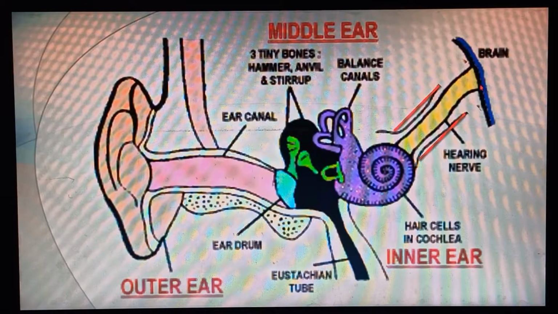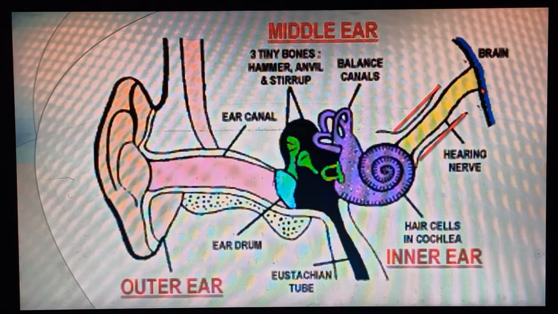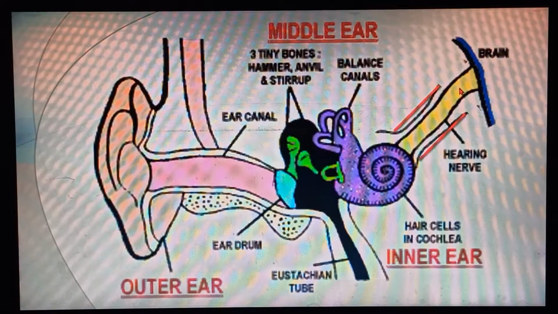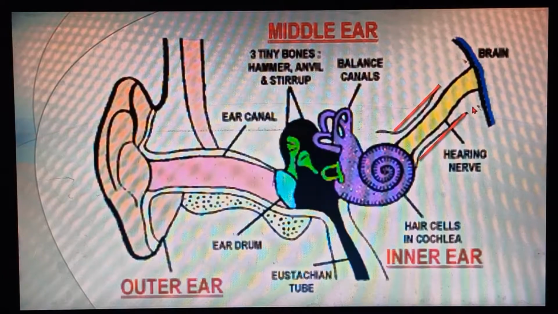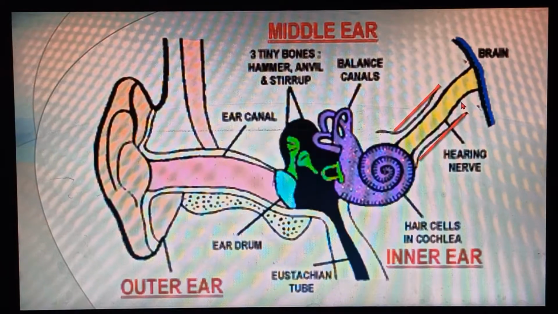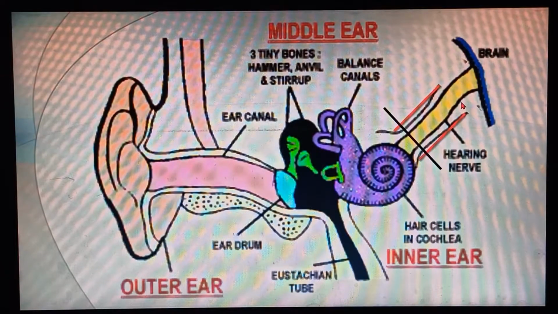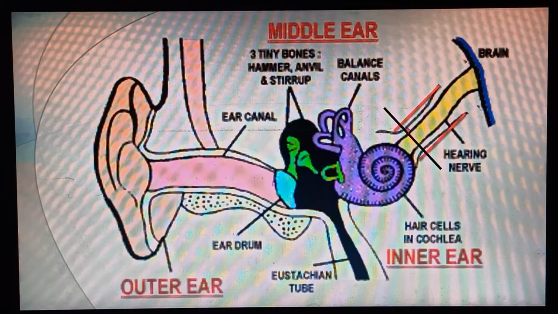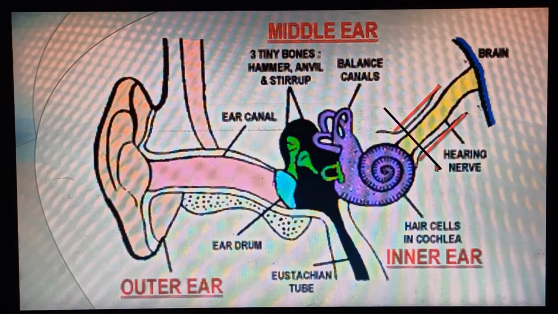Just before entering the brain, there is a free space, that is your cerebellopontine angle, where the cerebellum will be lying and the brainstem beyond. Normally the tumor arises in the internal auditory canal part, and it grows out into this free space, the CP angle.